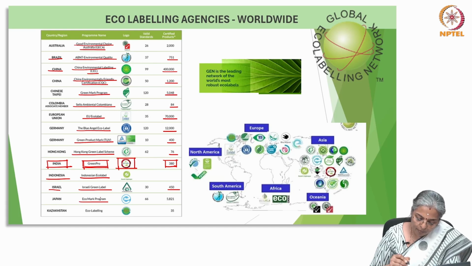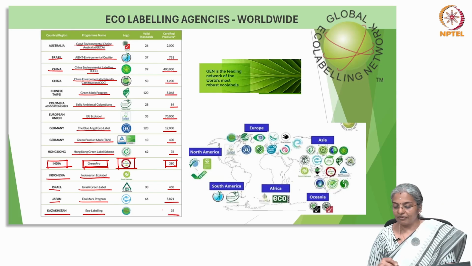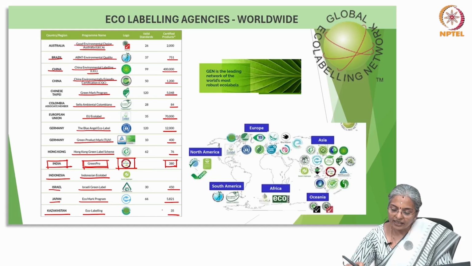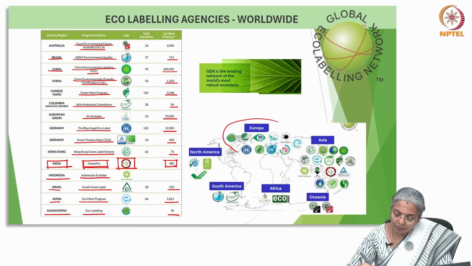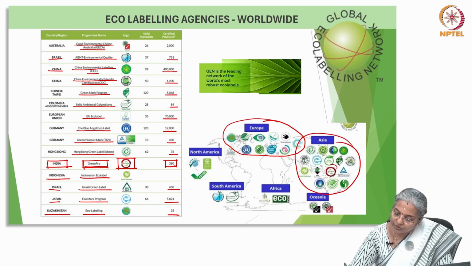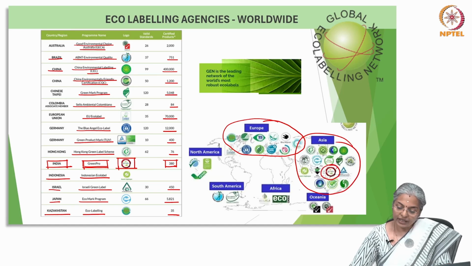Japan has Eco Mark program with 5821 products. Kazakhstan has Eco Labeling with 35 endorsed products, and here you can see Europe has its own set of eco label products. Asia has its own set, with India using Green Pro.